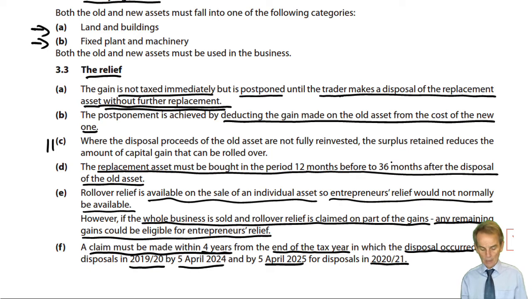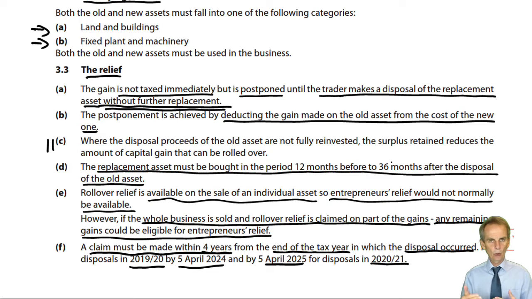We will be dealing with a trader who sells a property used within the trade and reinvests those proceeds within the relevant time period, a year before to 3 years after the disposal date, in another qualifying business asset.